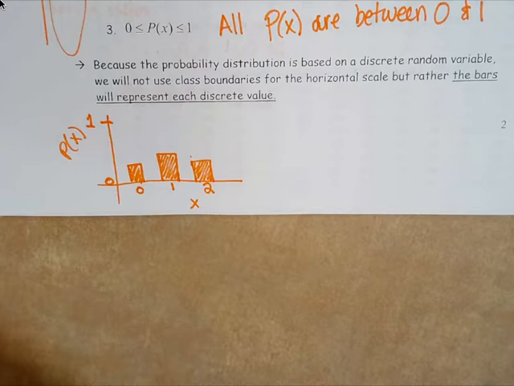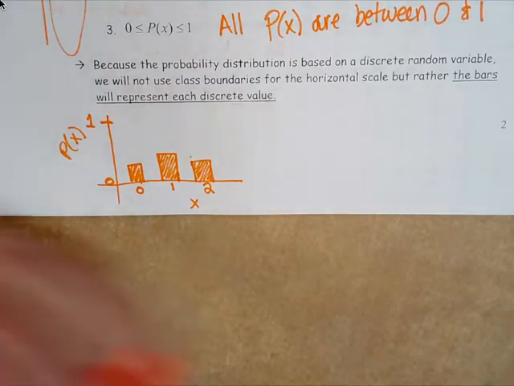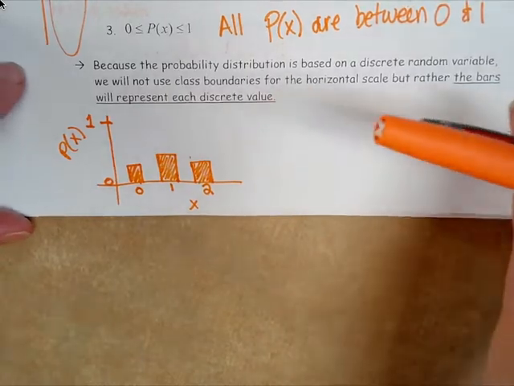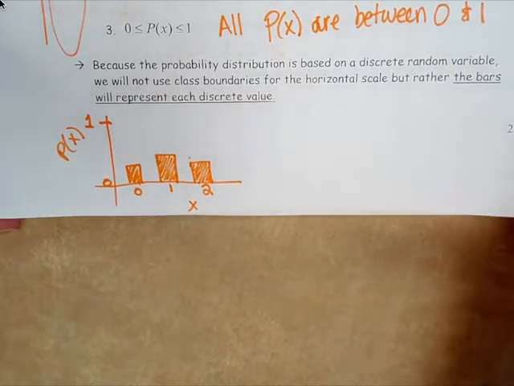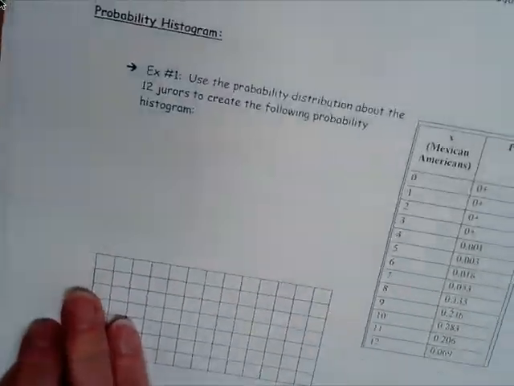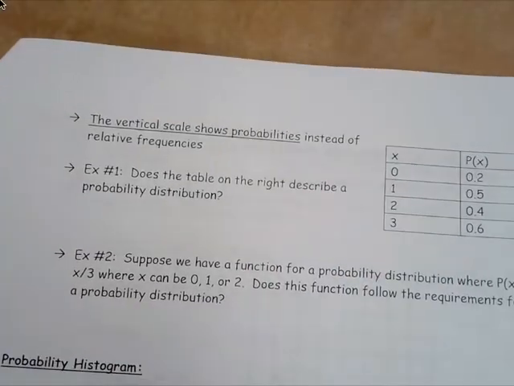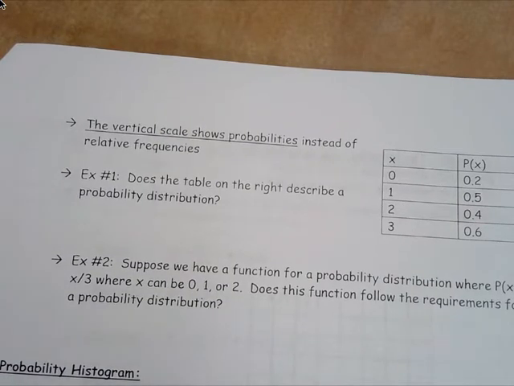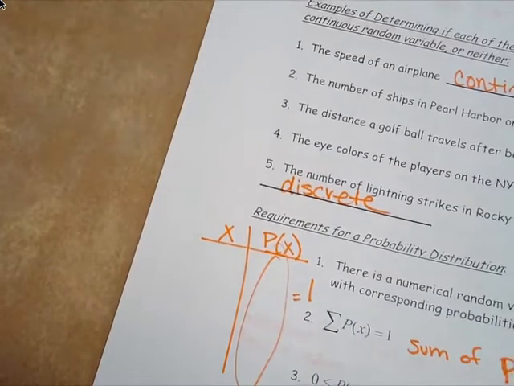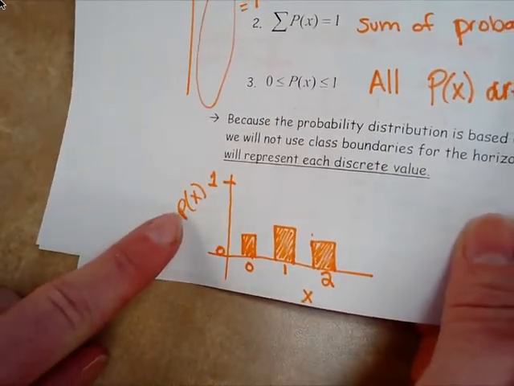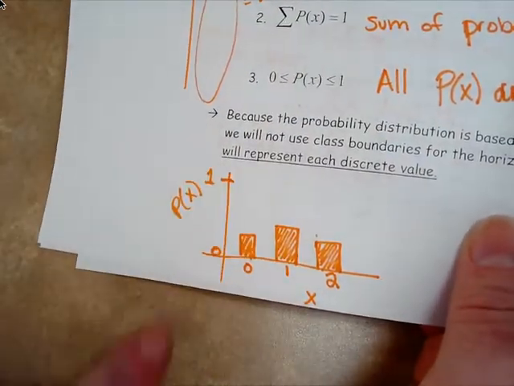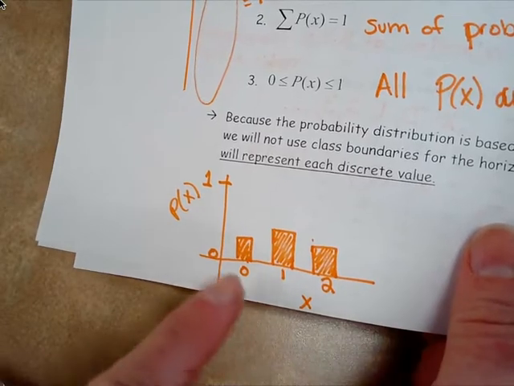So this is what the probability distribution chart will look like. The vertical scale shows probabilities instead of relative frequencies. So that's p of x, that's your probability. So that's your vertical scale. Your horizontal scale will represent each random variable.